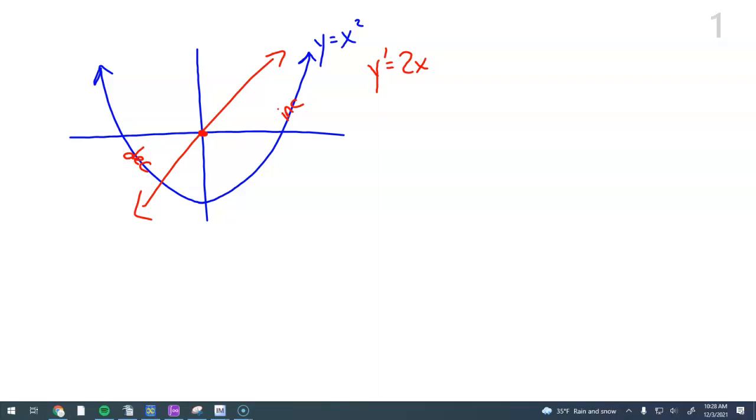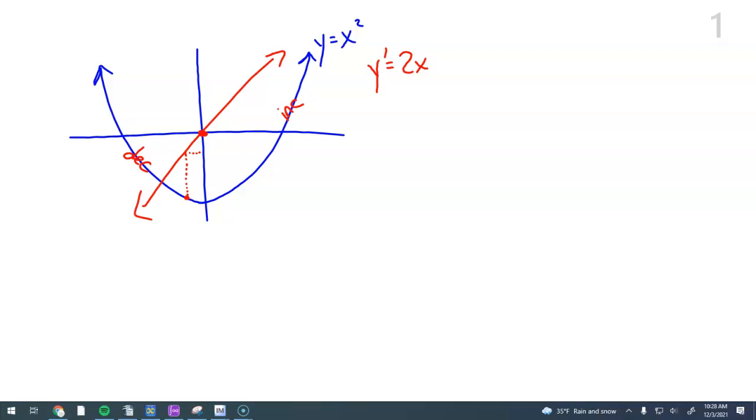So if I said what's the slope of the original graph right here, I should in theory be able to read up to here, read off that y value, and say, okay, maybe that's -1, and that's the slope of this blue line at that spot. Does that make some sense?